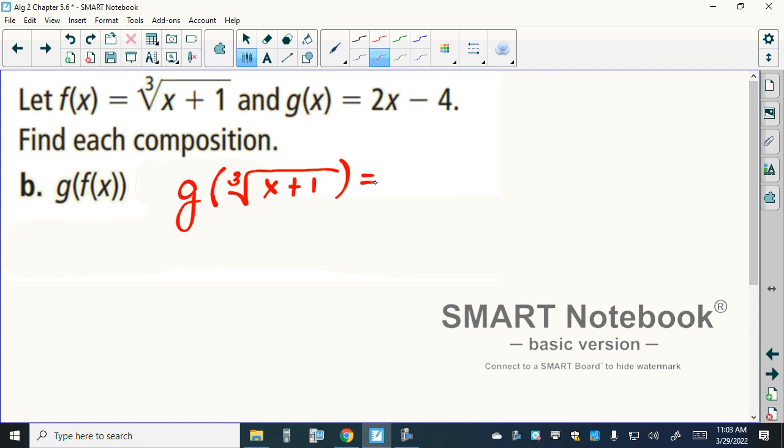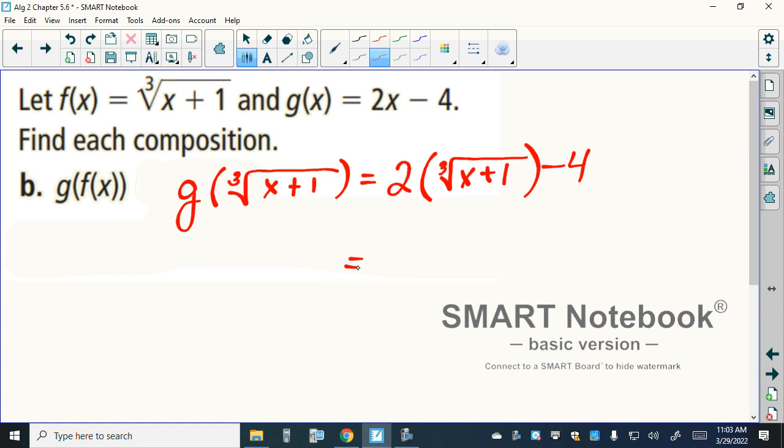Then what would we have next if we plugged the cubed root of x plus 1 into g of x? And then have the minus 4, yes? I'll put it in parentheses because we are multiplying it.